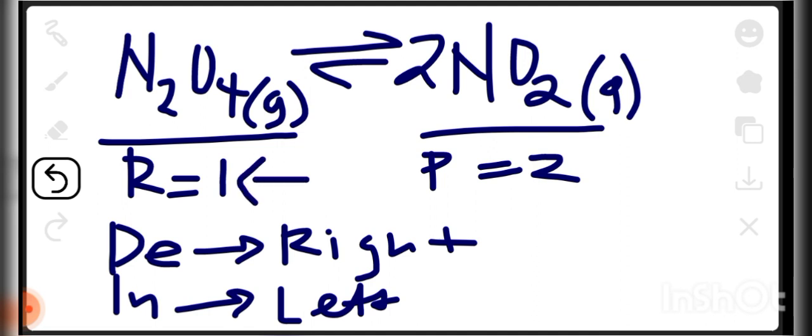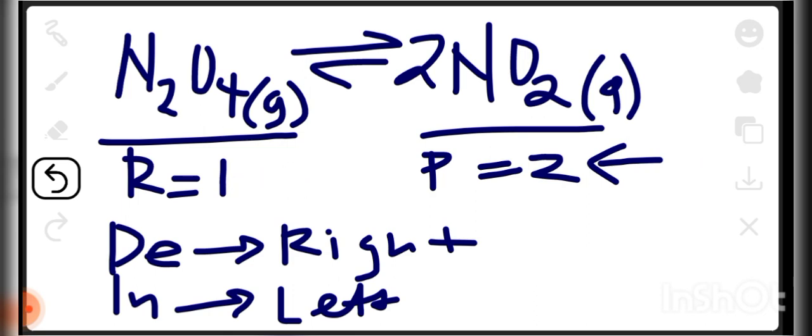You just decrease it, because if you decrease the pressure, we go to the side that has the higher number. So decrease moves to the side that has higher moles, and increase moves to the side that has lower.